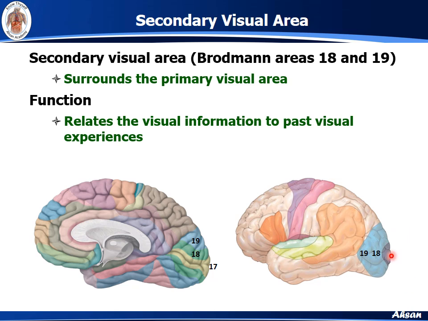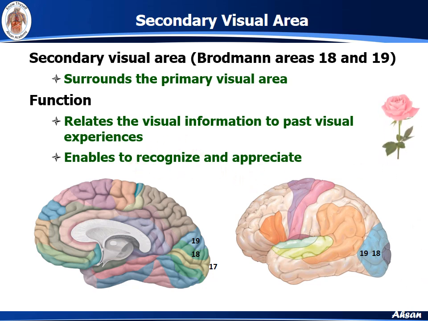They are responsible for relating the information received by the primary area, and this is stored here as experience. In subsequent vision, the sensation is compared with the past experience, and it decides about the recognition as well as appreciation.